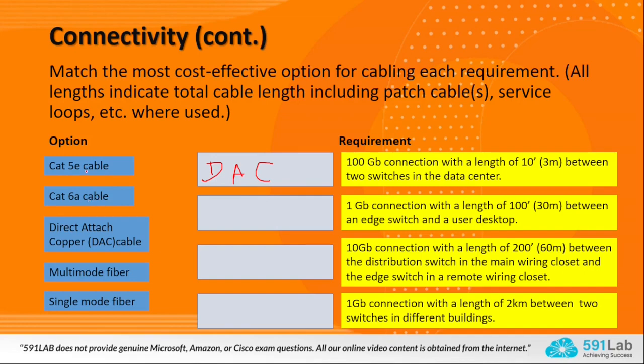But 5E is supporting up to 1G and Cat5e is cheaper. And they can go up to 100 meters for 1G connections. So the correct option to provide this requirement is Cat5e because that is cheaper than Cat6. So I'll write here Cat5e.